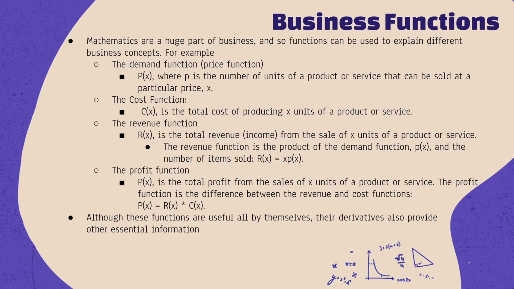So the first function we're going to learn is the demand function, which is also called a price function. So P of X, or P, is the number of units of a product or service that can be sold at a particular price X. So if I have 5 apples, right?